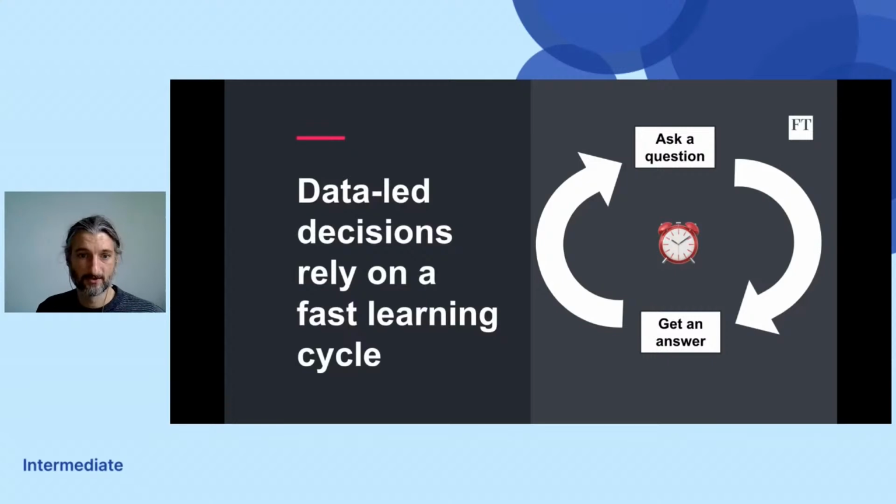So you can ask a question of the data, get an answer back, and that informs you quickly enough that it can inform your next question, and so on and so forth. And you continue in cycles until you find the question that you perhaps need to act on. If you're having to wait days or weeks or even hours to get an answer, this can slow down that process and make it less effective.